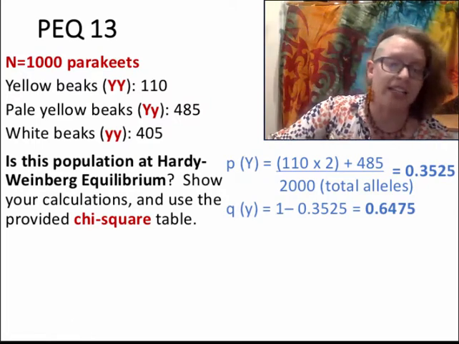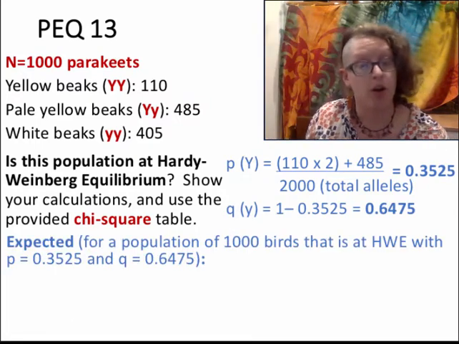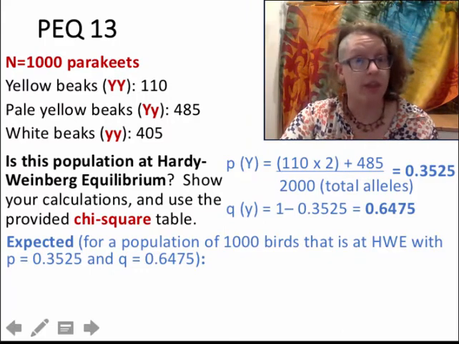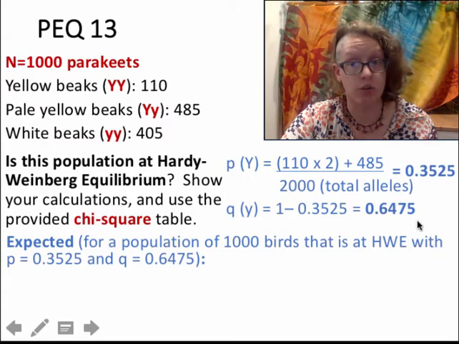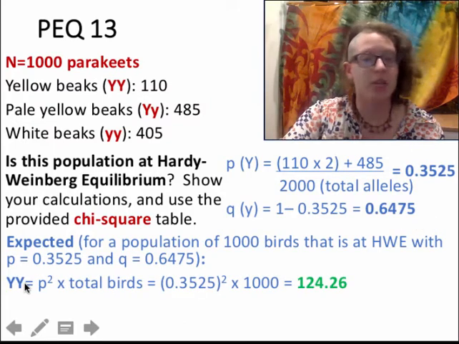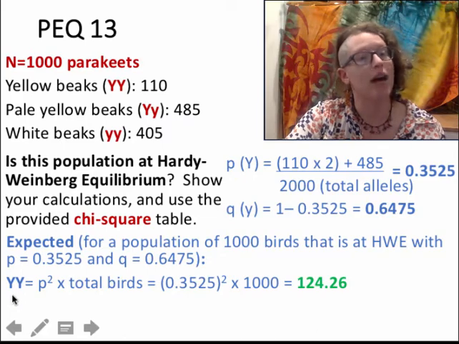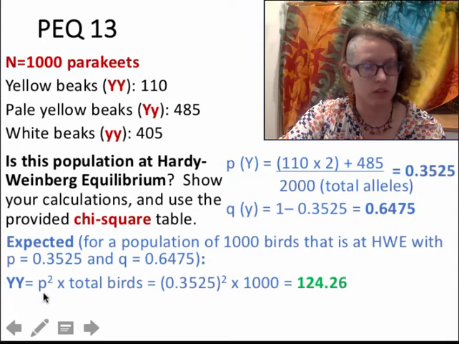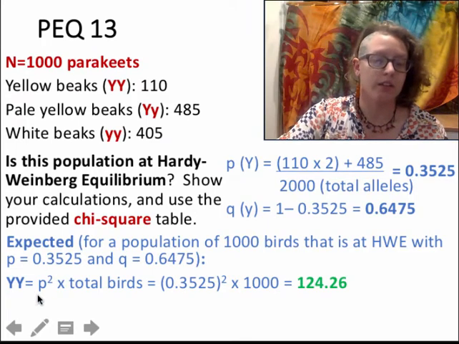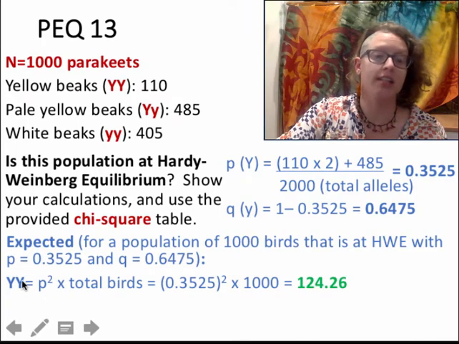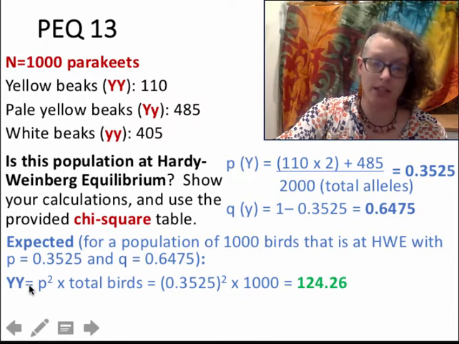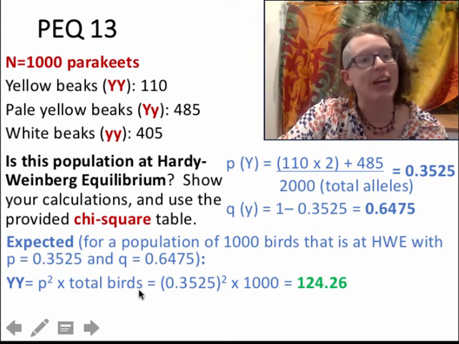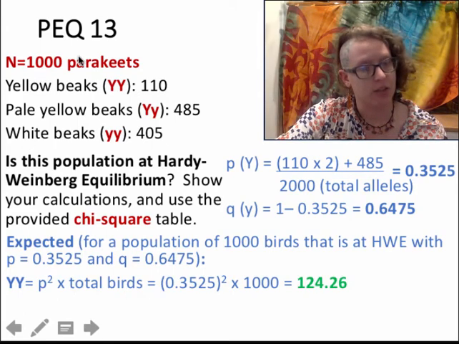So now for our expected, assuming Hardy-Weinberg. For a population in HWE with this P and this Q, our expected number of birds with 2 big Ys, with this YY phenotype, equals P squared, which is the chance to get a YY phenotype, times the number of chances you get, which is 1,000.